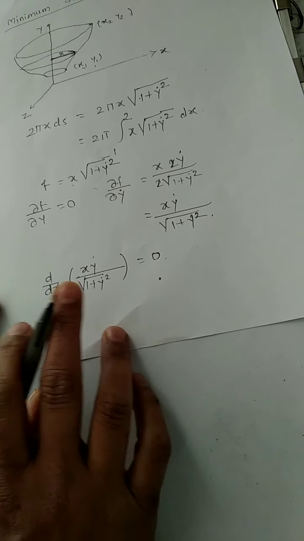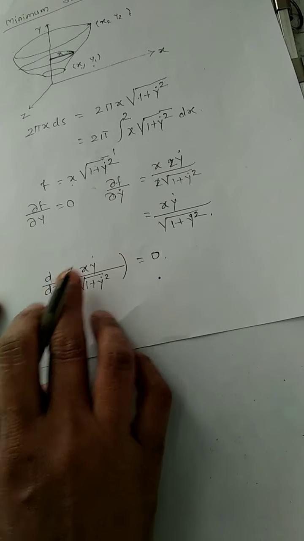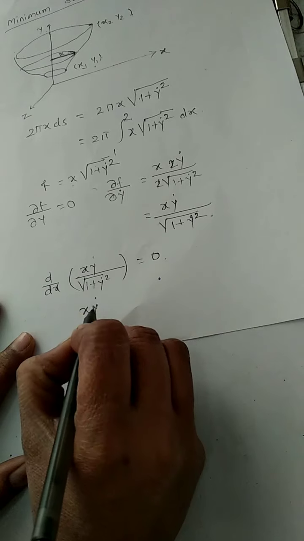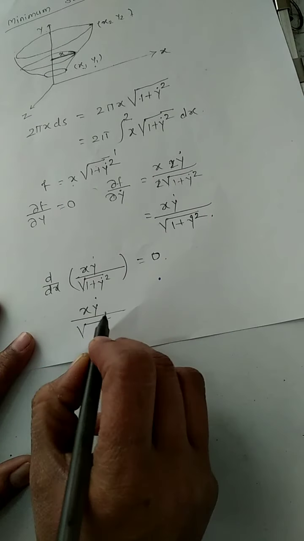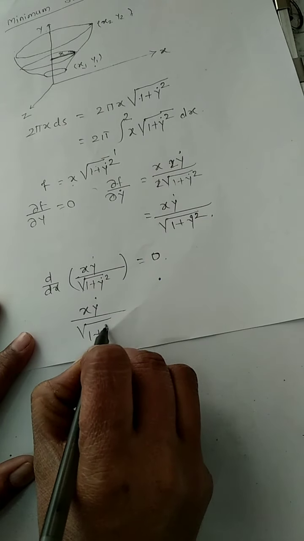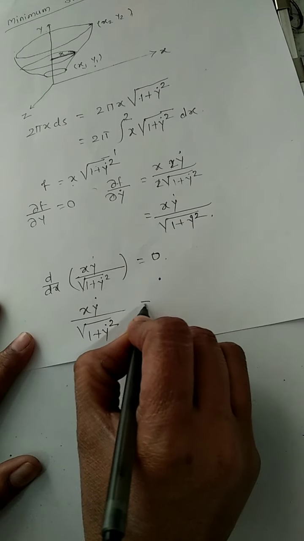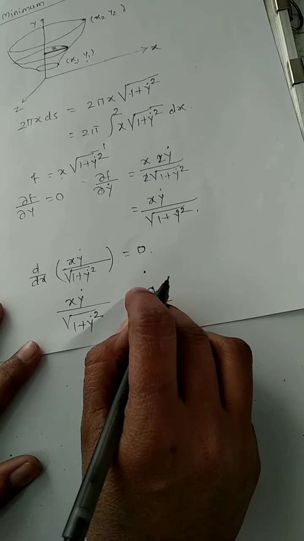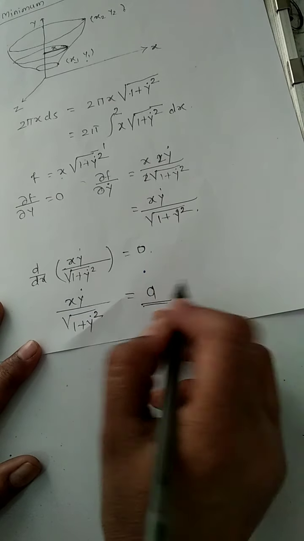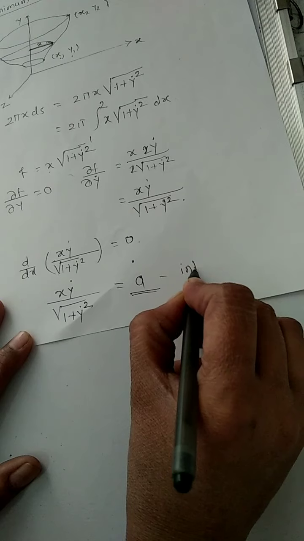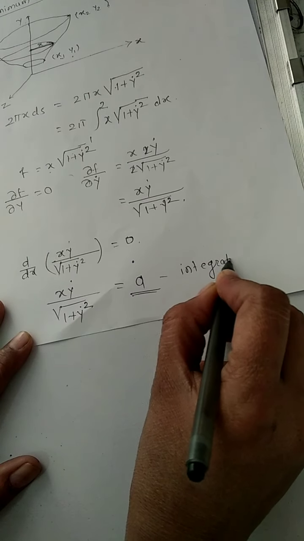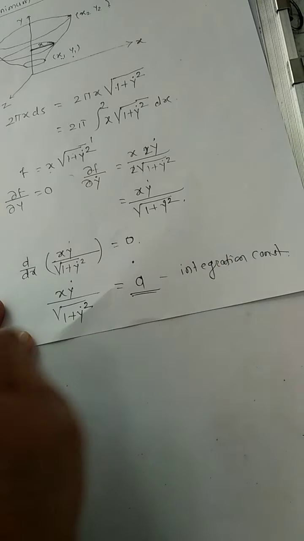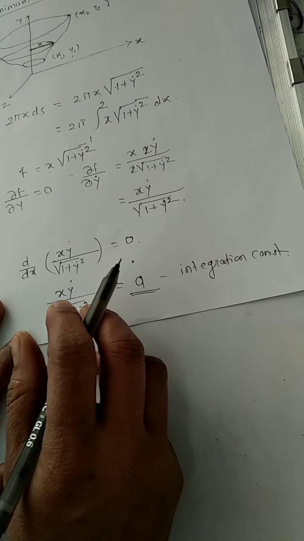From Lagrange's equation, this derivative is equal to 0, meaning x y dot upon under root of 1 plus y dot square is equal to a constant, and that is a. Here a is the constant of integration, and it is smaller than the minimum value of x.